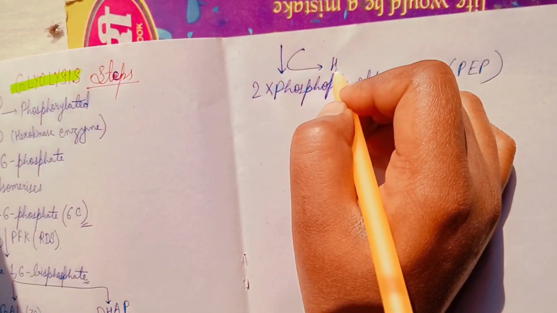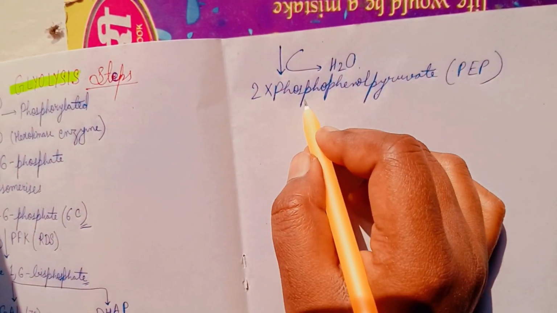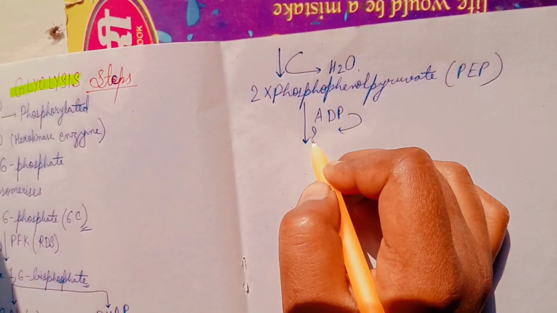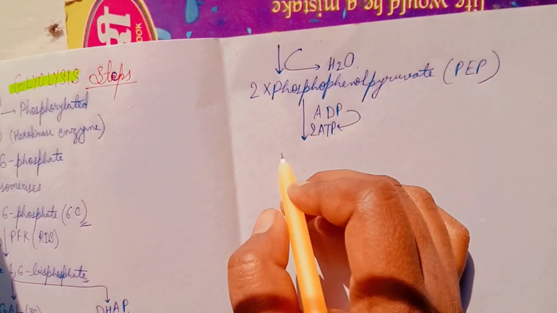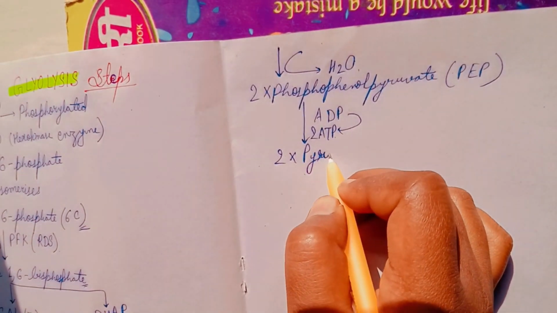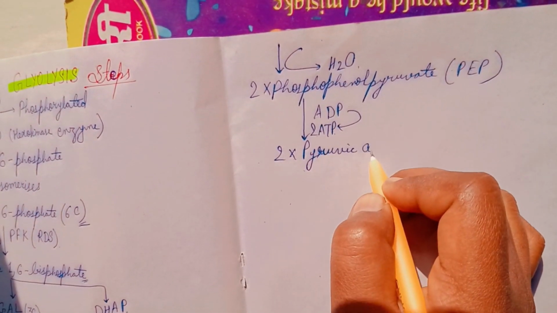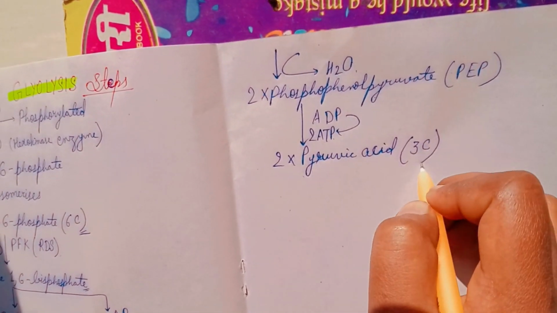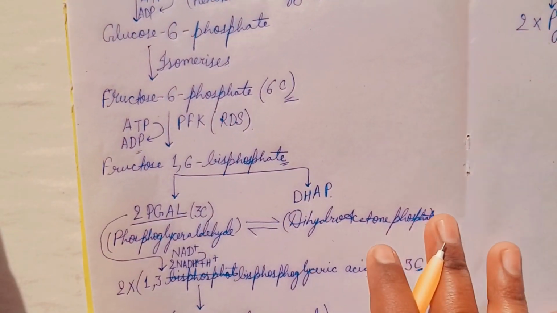Then it will convert into pyruvic acid by giving us 2 ATPs. The pyruvic acid is a 3 carbon compound, and from the starting we can see that glucose was a 6 carbon compound and we have got here a 3 carbon compound.